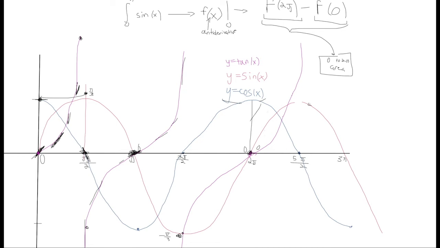And then we're going to get positive again because we have this positive area. So we're going to go back to positive pi thirds. Okay, so we have a sufficient amount of points just for this quick back-of-the-napkin graphing.